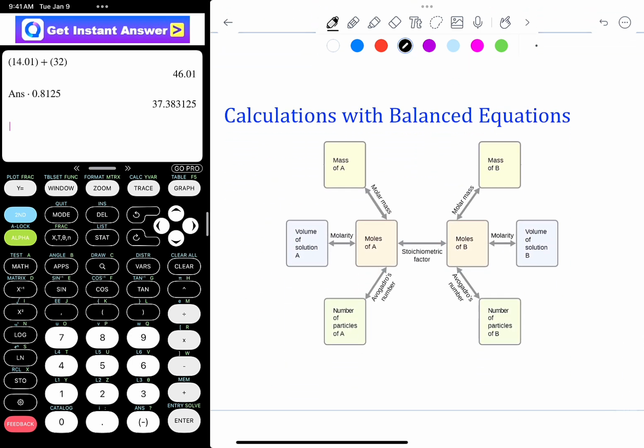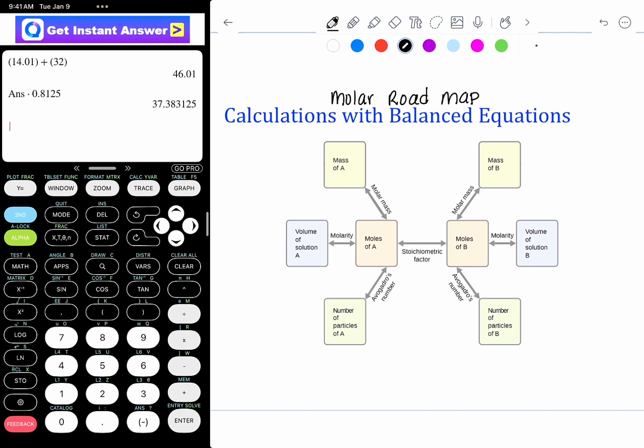I have a molar roadmap here, and that's what this is called, the molar roadmap. And you have this in your lecture notes, okay? And I say that the figure on the bottom of the previous page is referred to as the molar roadmap.